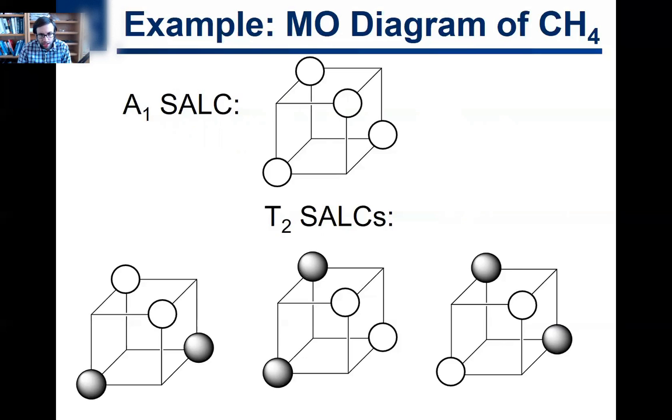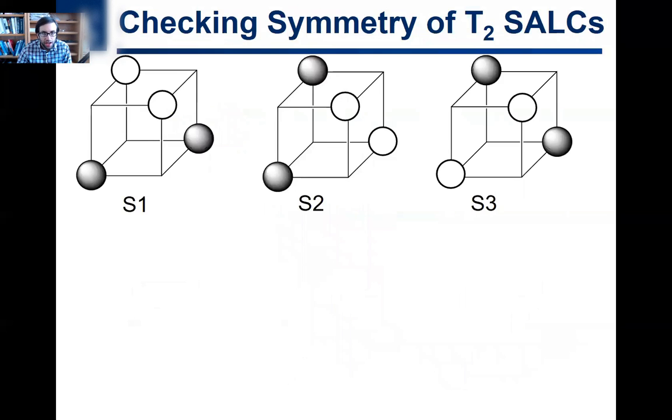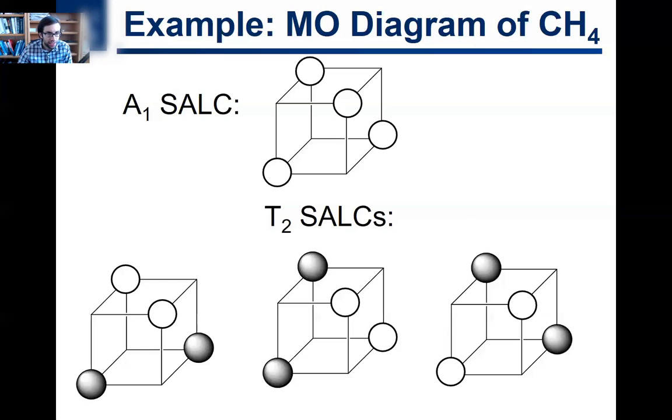It's harder to intuit why these three SALCs have T2 symmetry. Obviously, there are three of them because the T Mulliken symbol has a dimensionality of 3, so it tells you three things transform together. In this case, it's three SALCs. But why does this have T2 symmetry? I'm going to go over that in the next video.